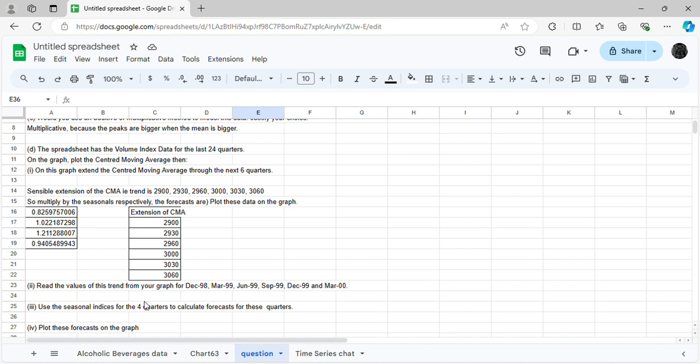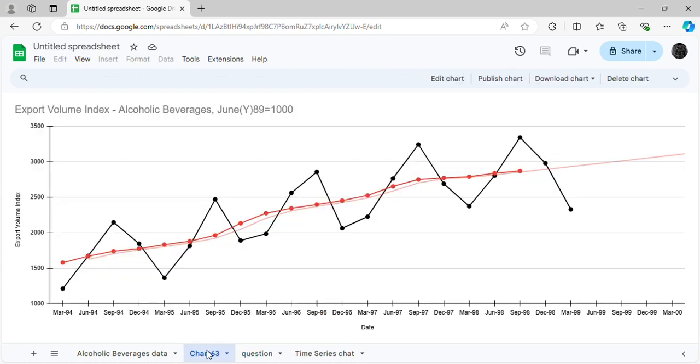Read the values of this trend from the graph for December 1998, March 1999, June 1999, September 1999, December 1999, and March 2000. So from this graph, we see the data points.